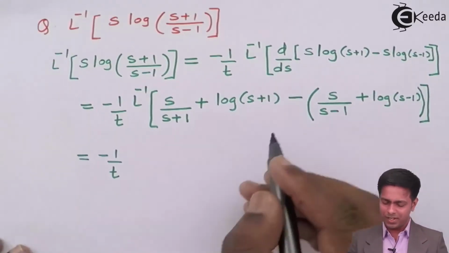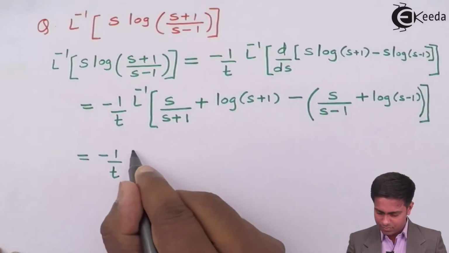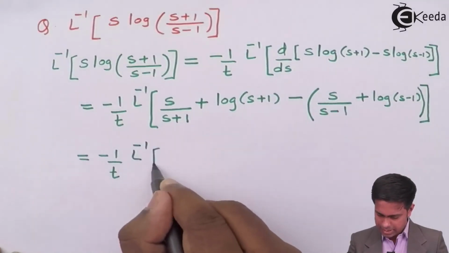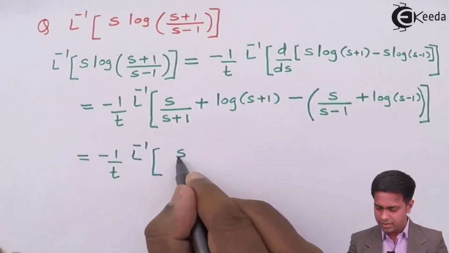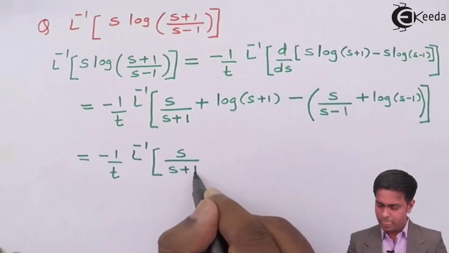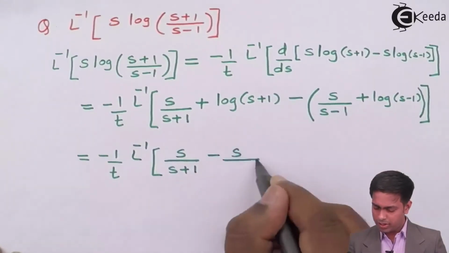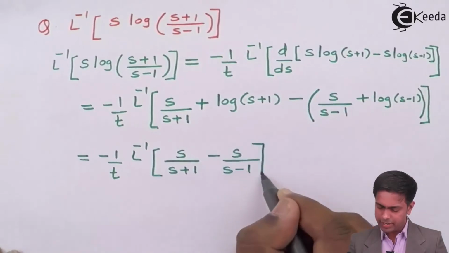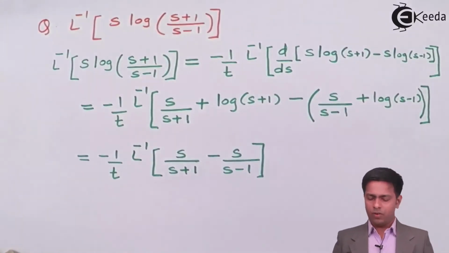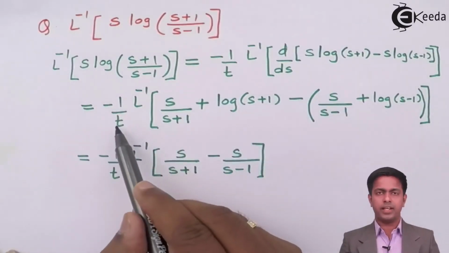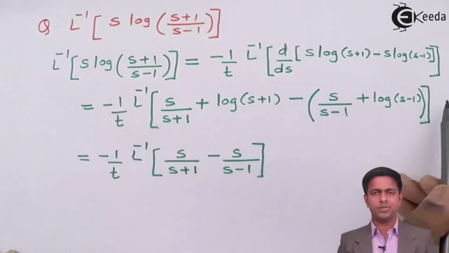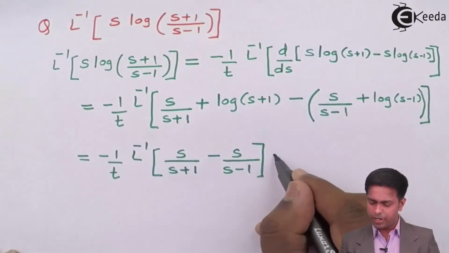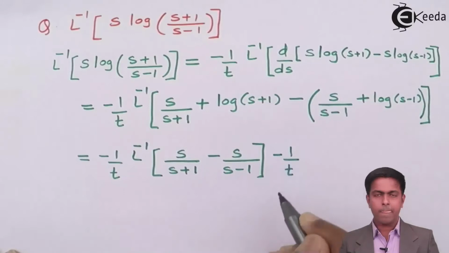So here, Laplace inverse of s upon s plus 1, this is negative s upon s minus 1. Here I'll close the bracket. Now this negative 1 by t is multiplying all the terms, so I'll write this negative 1 by t one more time.